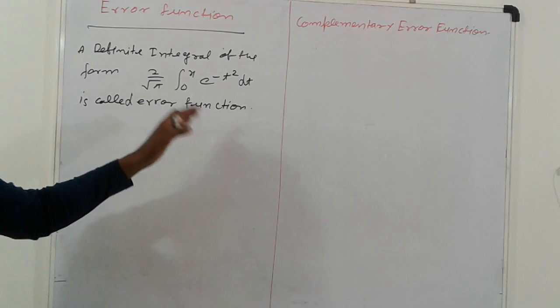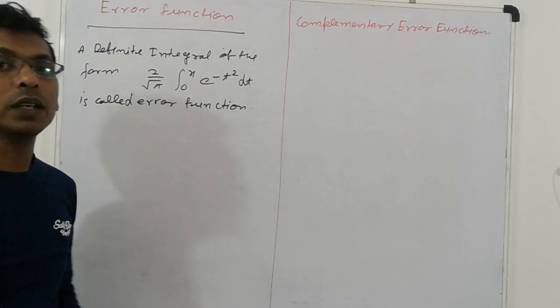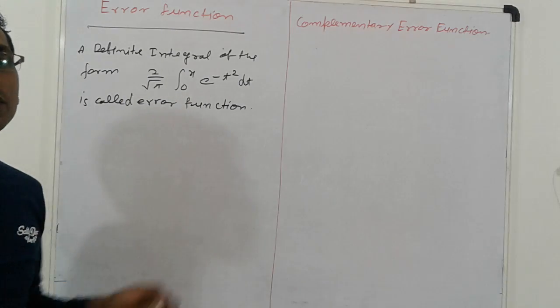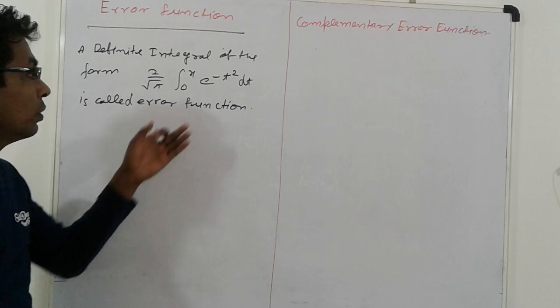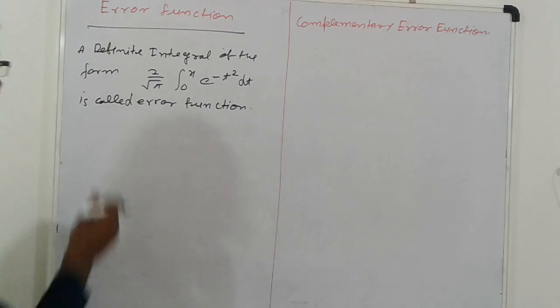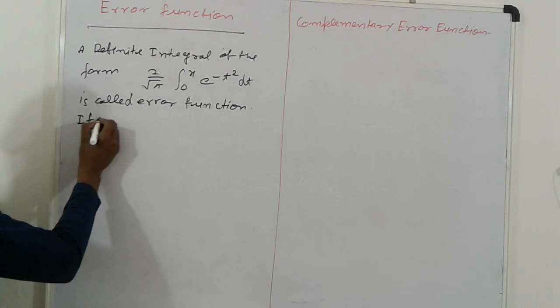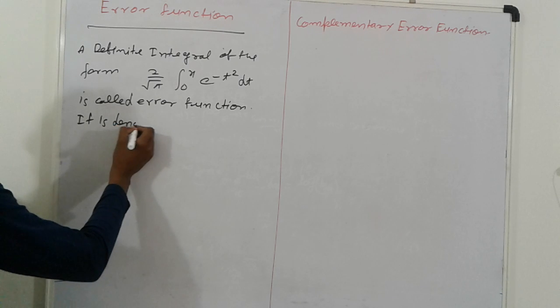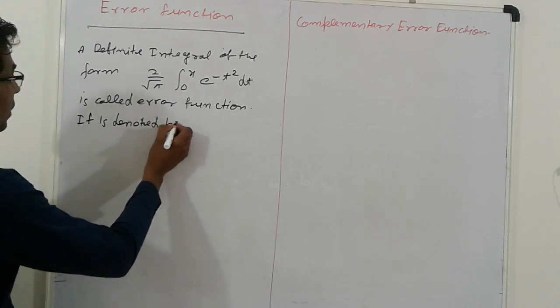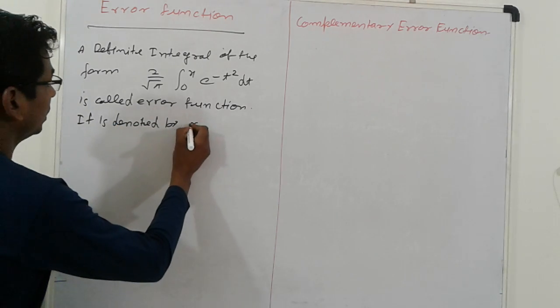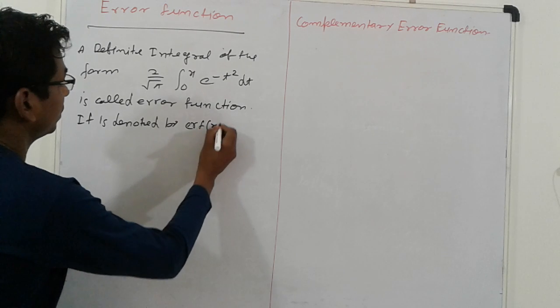फ्रेंड, इसको हम अगर प्रोबेबिलिटी के सेंस में कहें, दैट इज अ नॉर्मल डिस्ट्रीब्यूशन, बट नॉट गो टू द प्रोबेबिलिटी हियर, and it is denoted by erf of x.